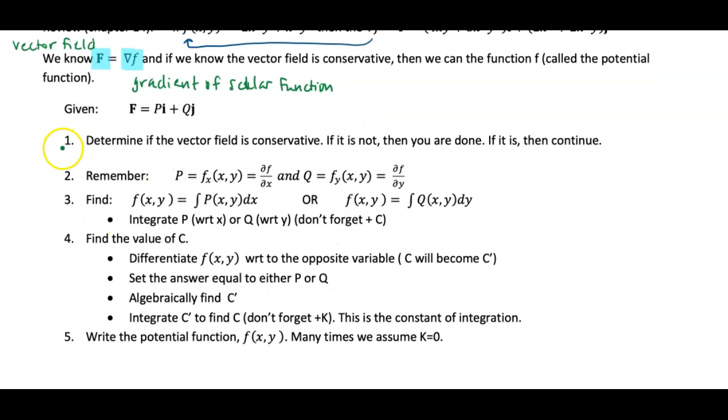So that's going to be our first step, determining if it's conservative. If not, then we can't do this process. We can't find the potential function.